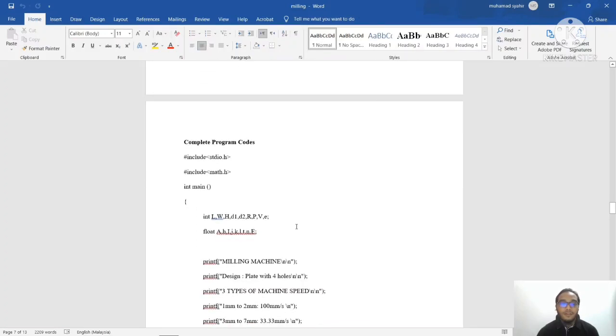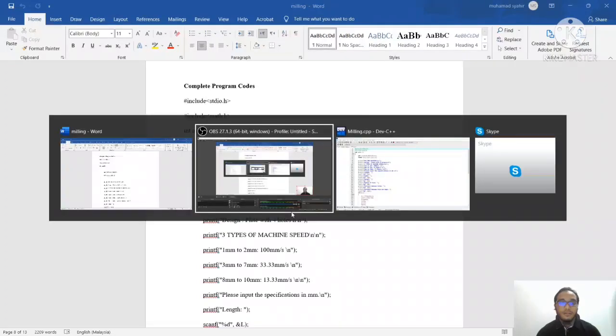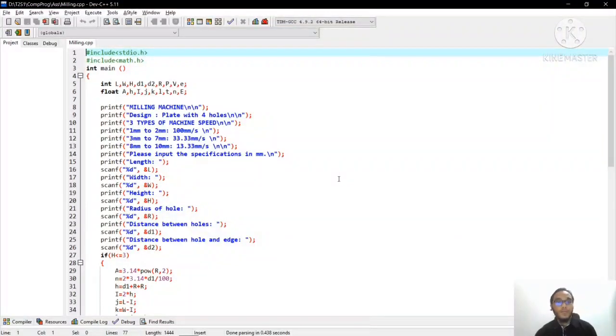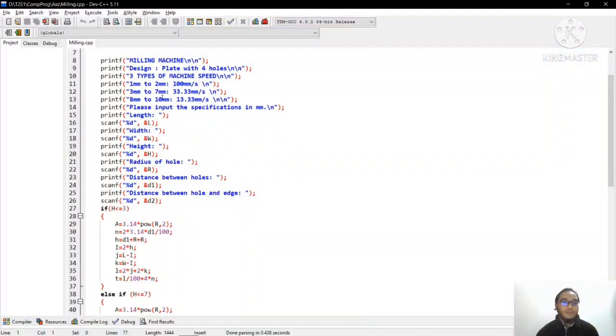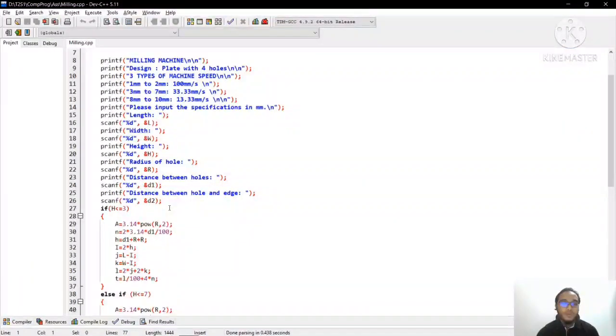Okay, this is the complete program code. Here is the title and the constant, and for this we are going to ask the user for the length, the width, the height, the radius of the hole, the distance between the holes, and the distance between the hole and the edge.